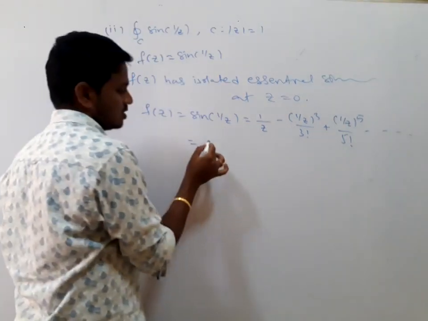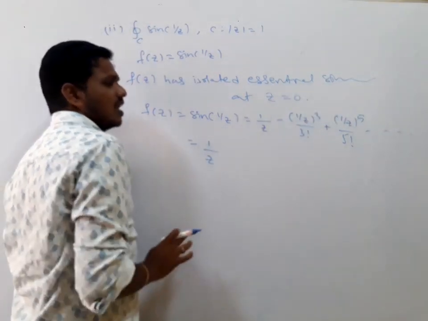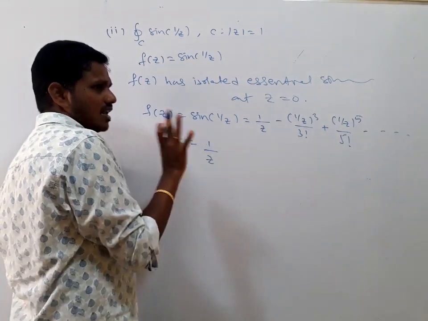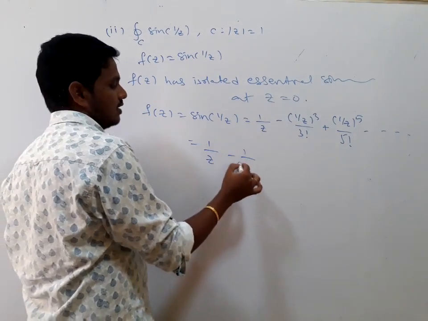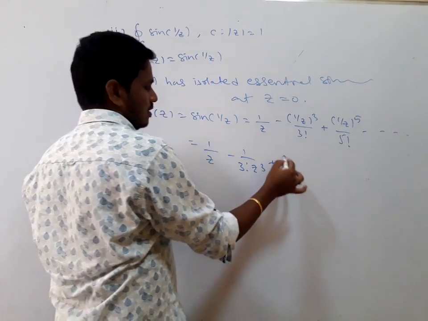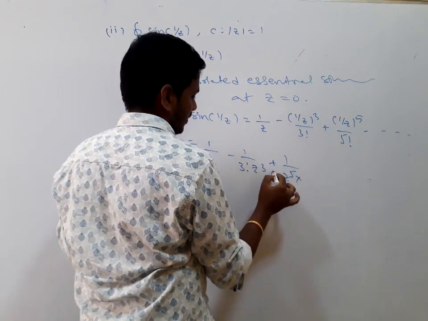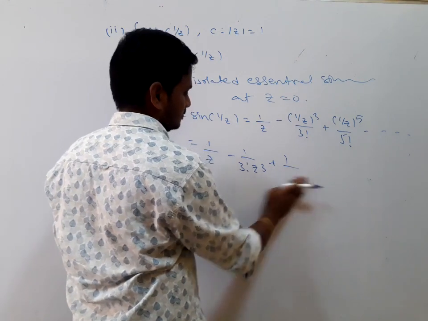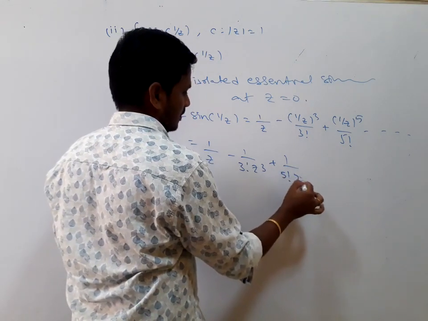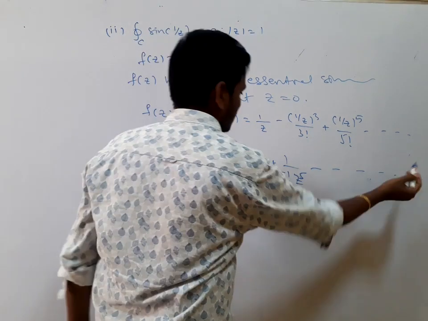So which is equal to 1 by z. I don't want to concentrate on the other terms, only 1 by z is enough for me, right? Then minus 1 by 3 factorial into z cube, plus 1 by 5 factorial into z to the power of 5, and so on.